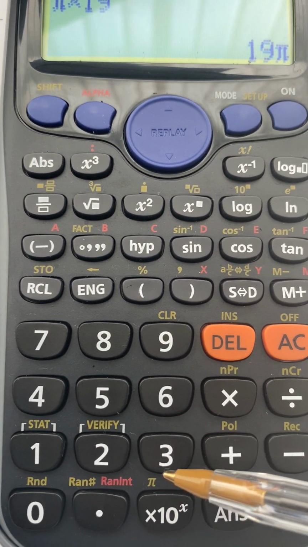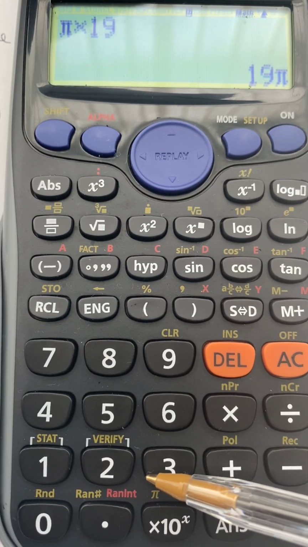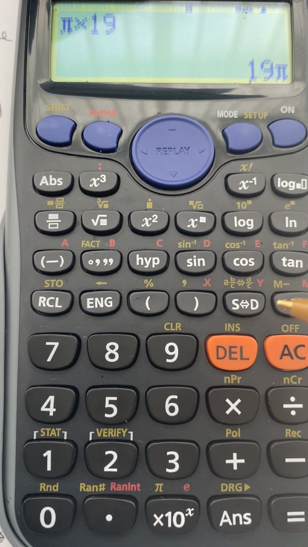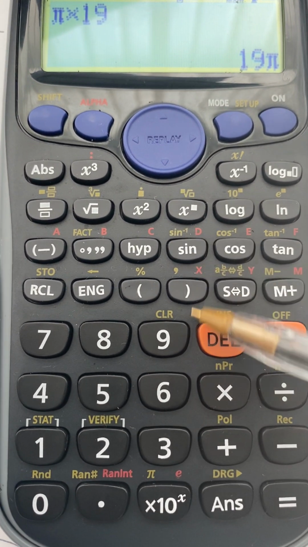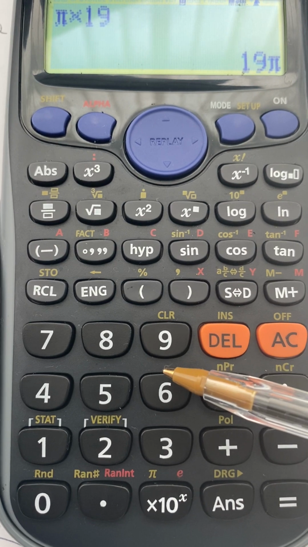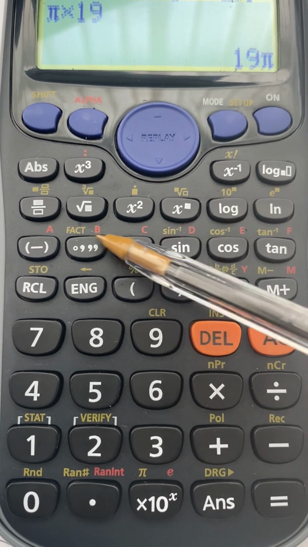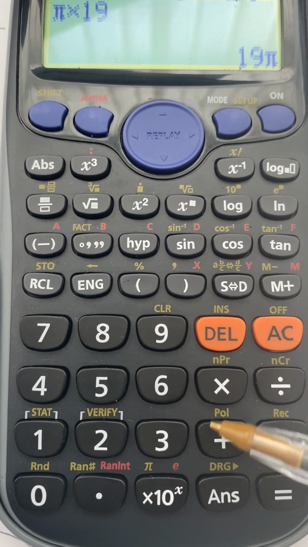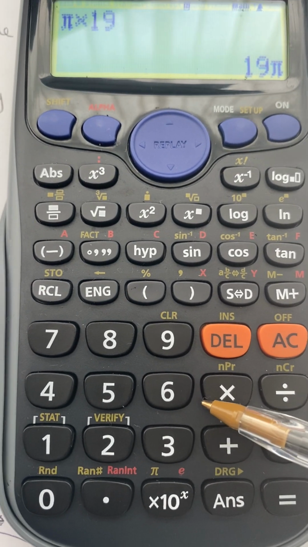Don't wait until 2 days before the exam to start using the calculator. You wouldn't know where all these functions are, and you are going to be using most of them.